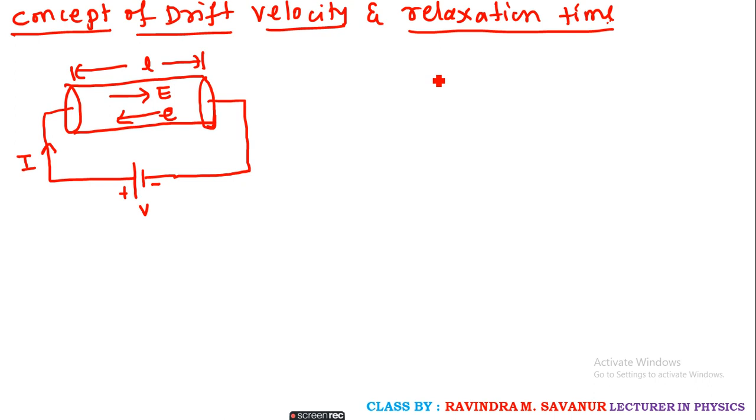If no current is applied, they move randomly. When current flows, they come into a uniform direction. The current flows in this direction, the electric field in this direction, and the charges in the opposite direction. These electrons move with a velocity v, which is called drift velocity.